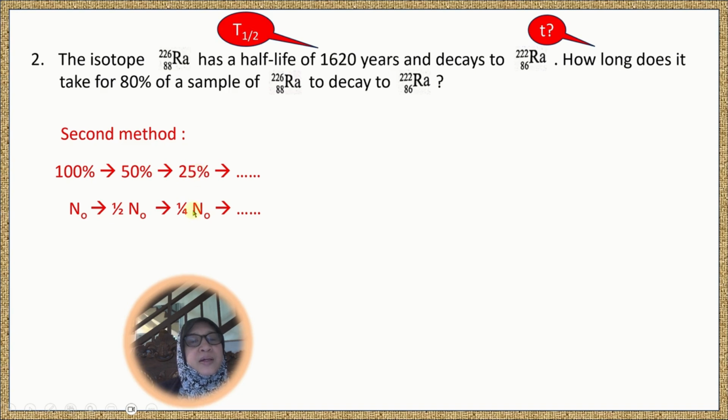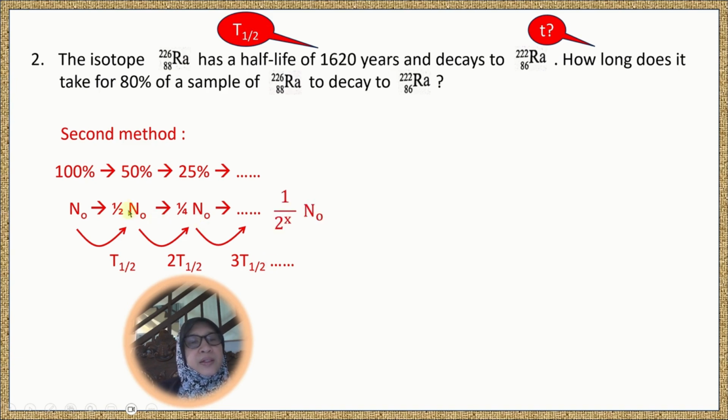If we continue the pattern, we can see it becomes 1/4 of the initial, and so on. So we can see that there is a pattern here. From this pattern, every time the number becomes one half-life, and then two half-lives, three half-lives, and continues.